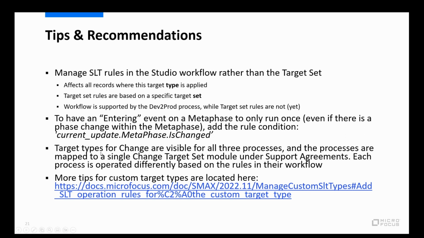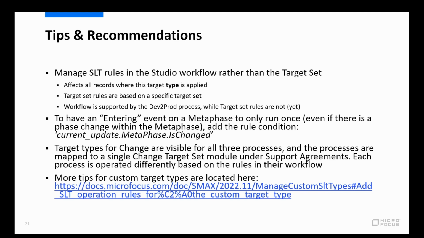The third one: target types for change are now visible for all three processes, the emergency, normal, and standard workflows. And the processes are mapped to a single change target set under support agreements. So the difference in each workflow is created in the actual rules within those three processes.